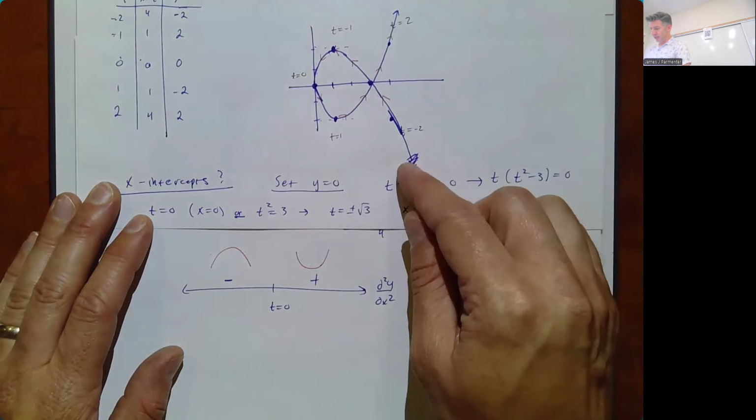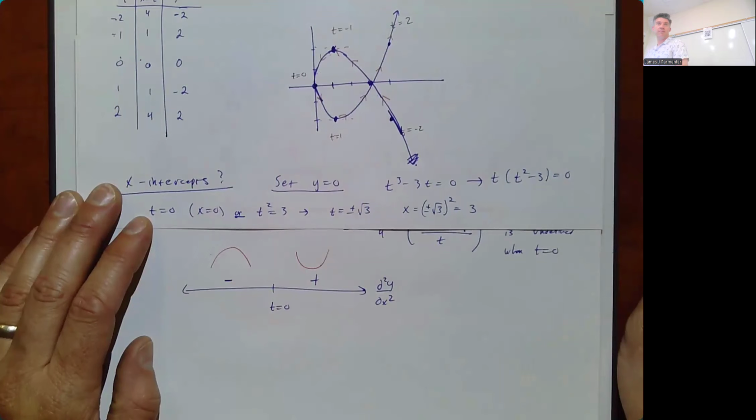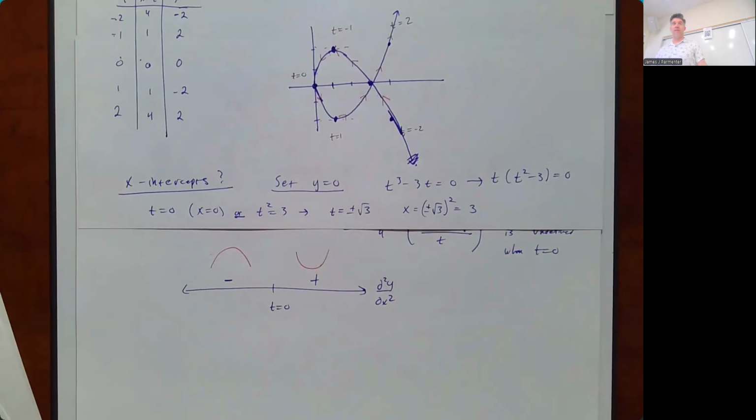And here's where t is negative. Oh yeah, definitely concave down when t is negative. So certainly the concavity agrees with what our graph is showing us. It just took us a little bit to get there. Okay, that was more painful than it should have been. Sorry about that. Let's continue on.